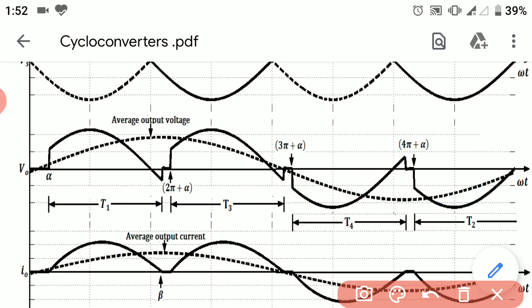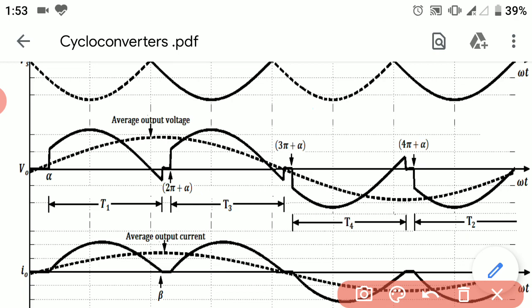This also happens during the thyristor T4 and T2 time periods. This is the instant during which these two thyristors, that is T4 and T2, have non-conducting time slots and the output current is 0.